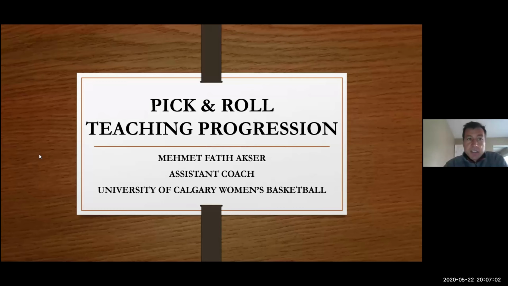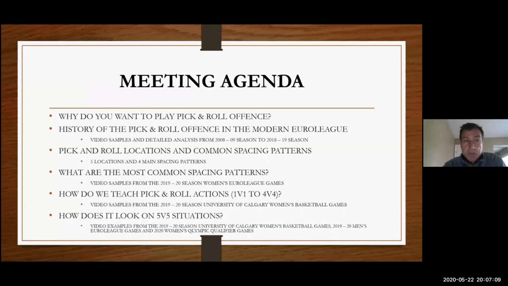Today's agenda is going to be first asking ourselves this question: why do we want to play pick and roll offense? Then I'm going to move into the history of the pick and roll offense in the modern EuroLeague era, and I'm going to provide a lot of video samples and detailed analysis from the very first time the EuroLeague was established in the 2008-2009 season all the way to the 2018-2019 season.